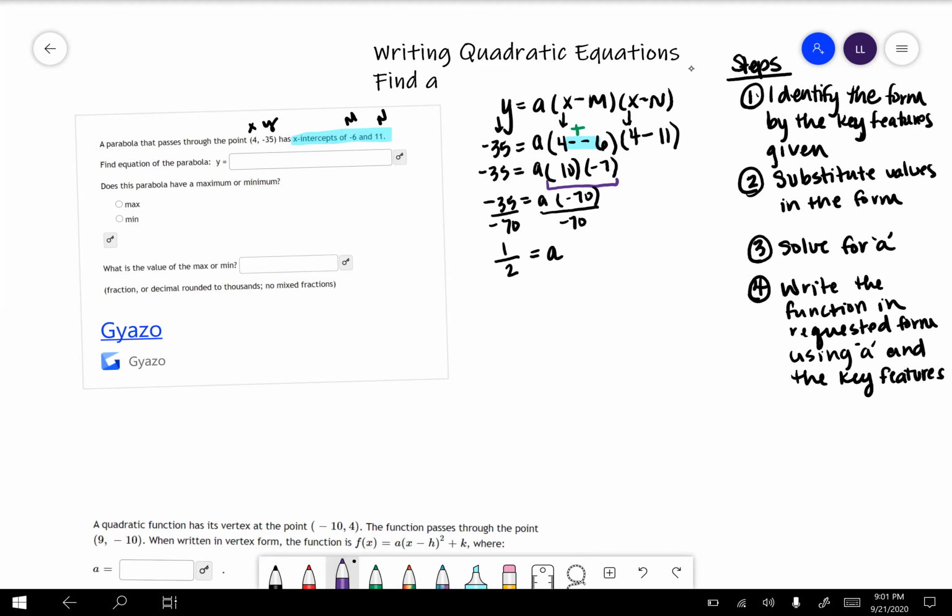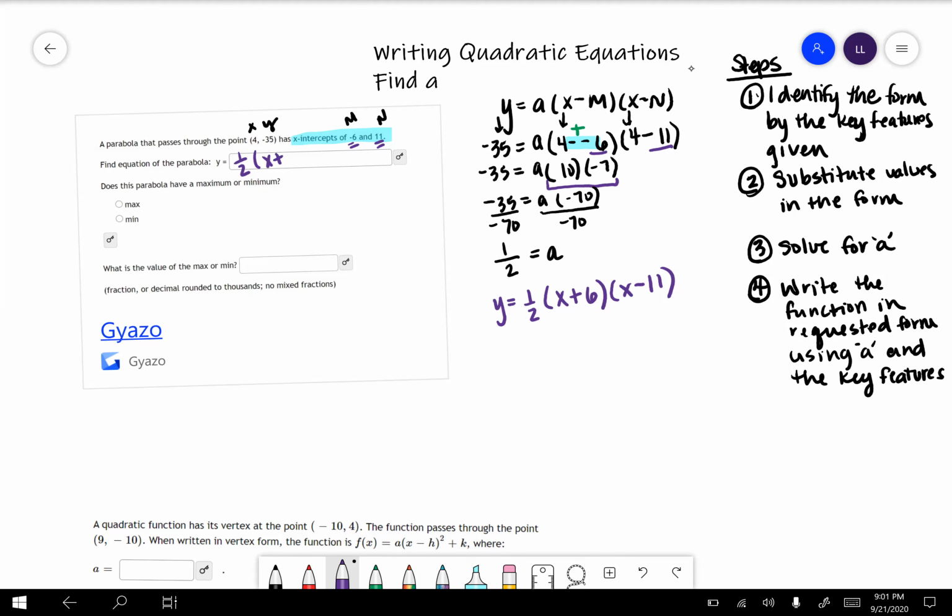Our function is going to be y = 1/2, and then we plug in our zeros like we did before, negative 6 and 11. So it's going to be (x + 6) because 6 was negative, and (x - 11) because 11 was positive. You write your function here like so.